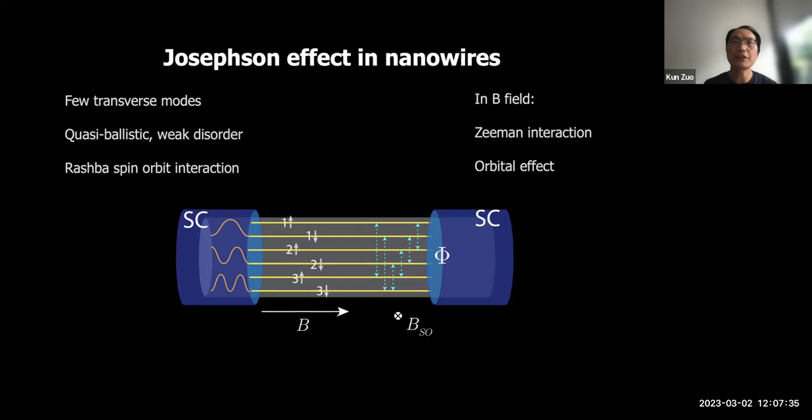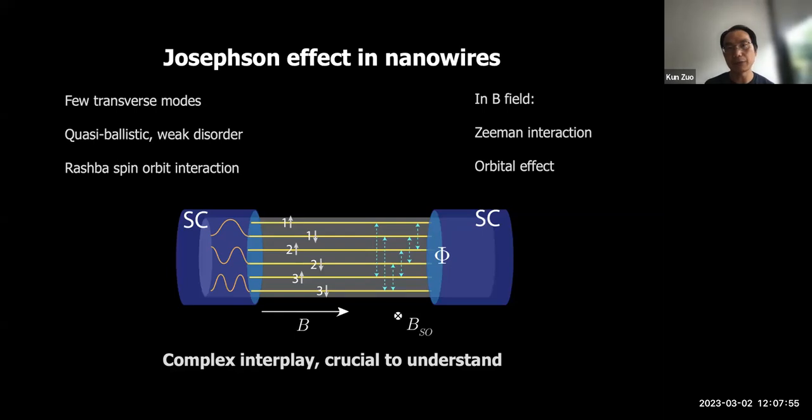Therefore, the Josephson effect, or Josephson currents, in such a junction will become more complex, because the whole effect is a complex interplay of several parameters. Therefore, it's very crucial to understand a system like this for future applications, for example, to detect or to create Majorana fermions.